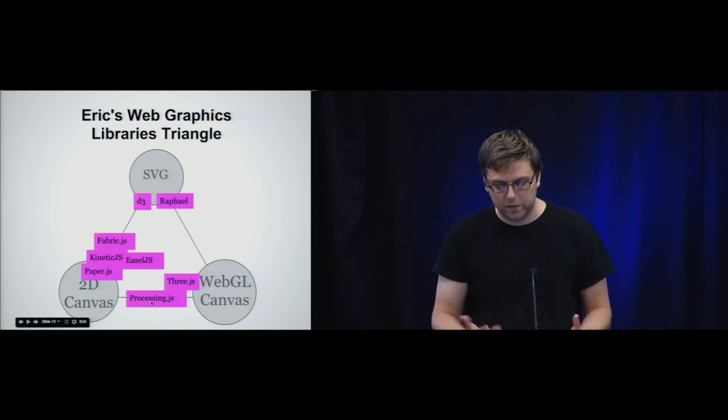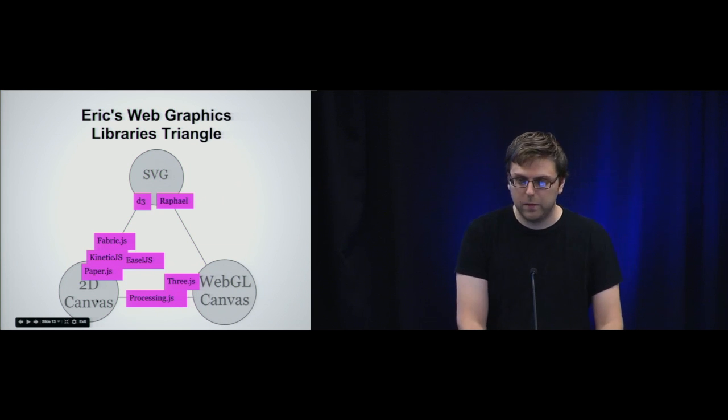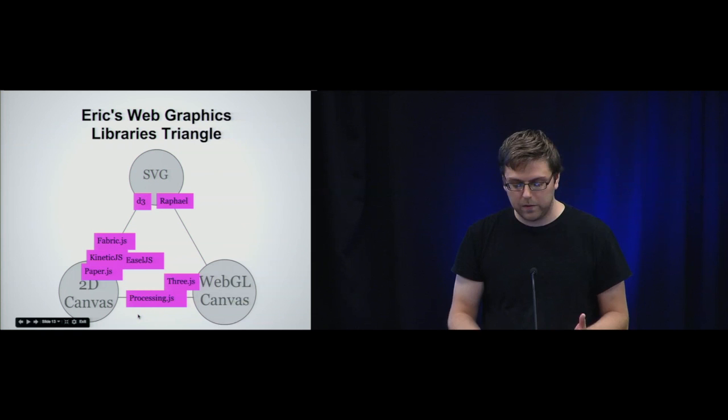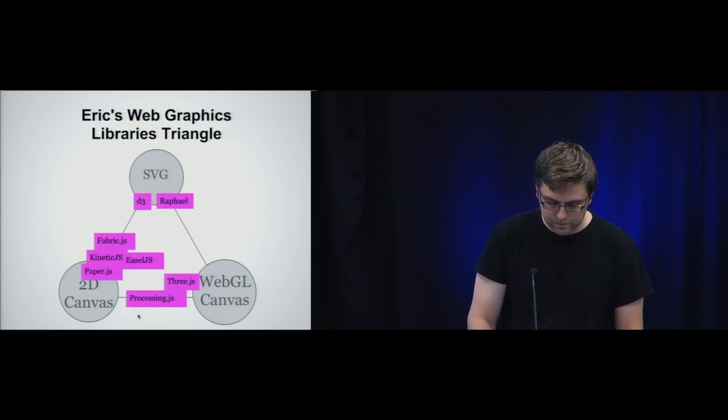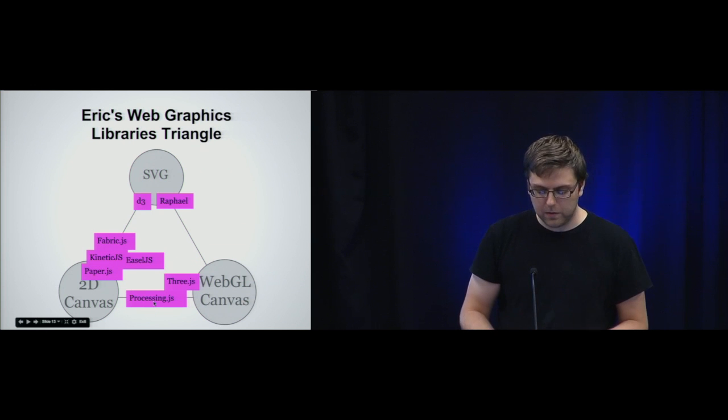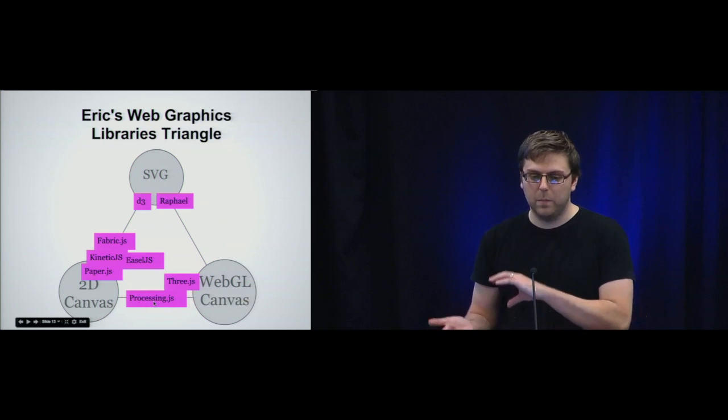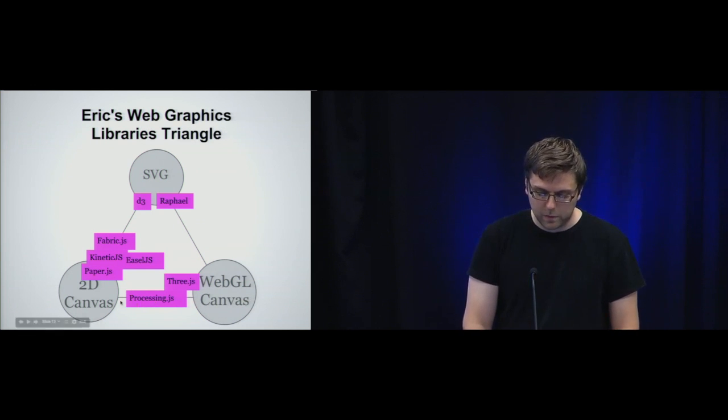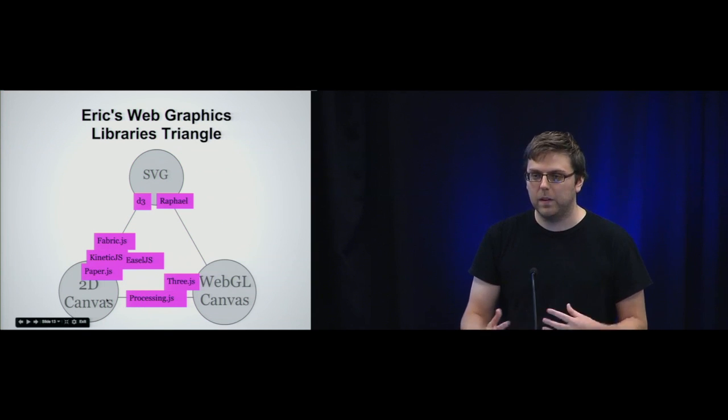Processing.js is a mixture of WebGL and 2D Canvas. If you're a fan of the Processing programming language, it's basically a port to JavaScript that was created by John Resig. You use the Processing language, compile it into JavaScript, and it will run in the 2D Canvas or the WebGL Canvas, depending on the situation.